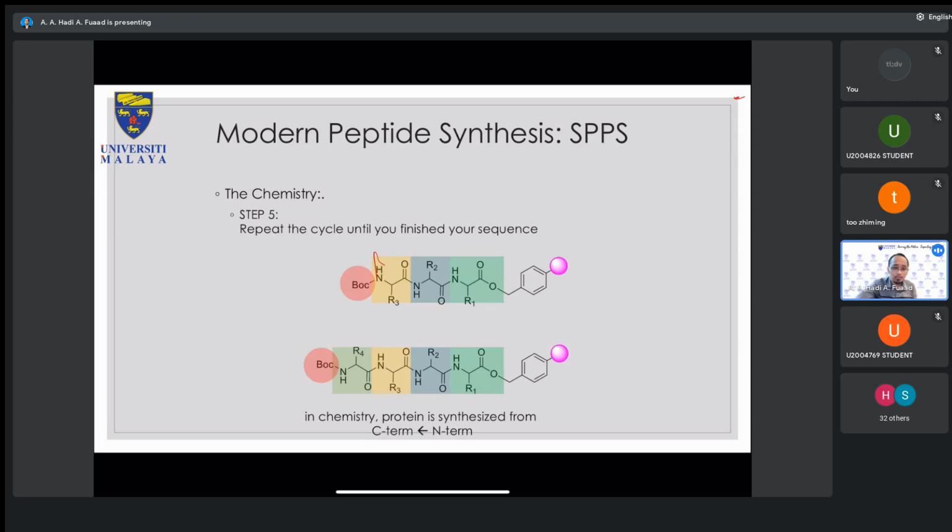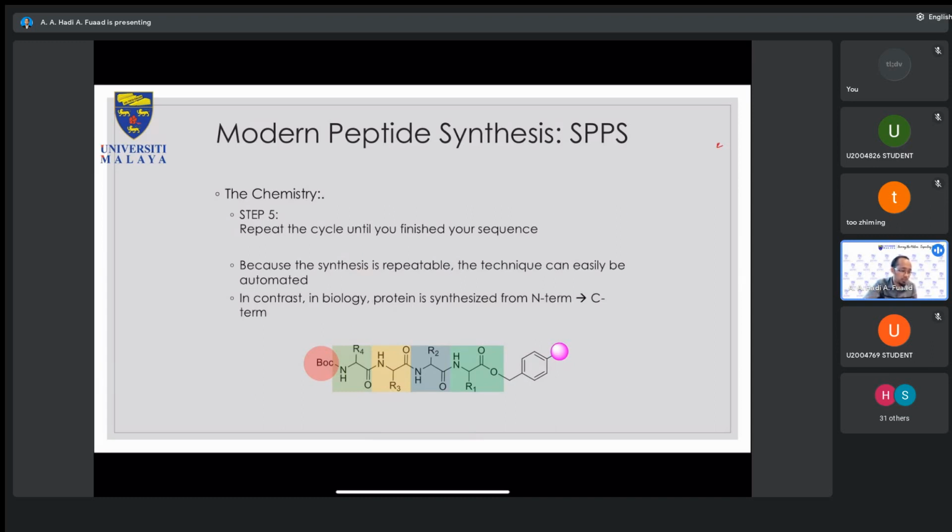Okay, in chemistry, protein is synthesized from which direction? C terminal to N terminal. Okay, put the arrow there. I have no idea why, but as I mentioned, you start from C, you move to N. And step number 5, once it's finished, nothing more.